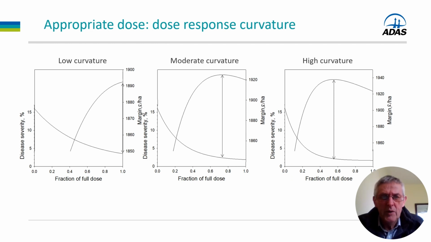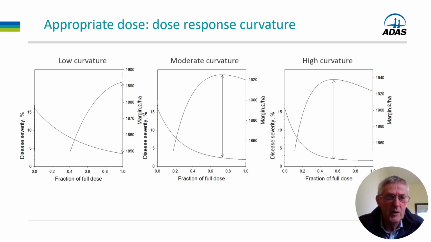If we then move on to the next aspect of the dose response, so in this set of examples we've kept everything else constant, but we've changed the curvature of the dose response. So if we look at the response curve on the left-hand side, it's a very shallow response.